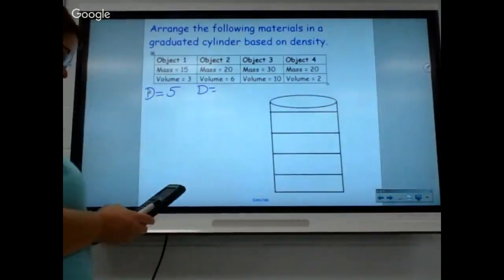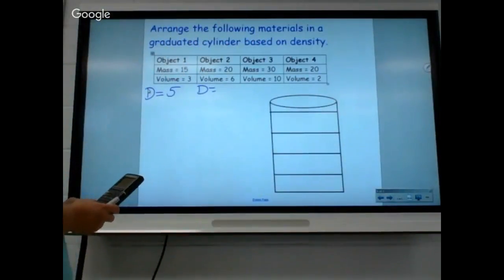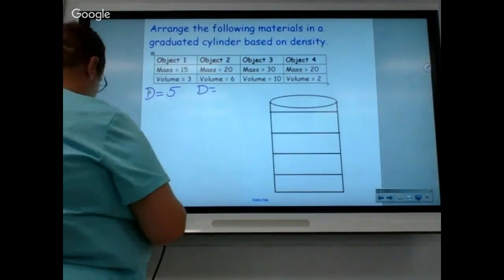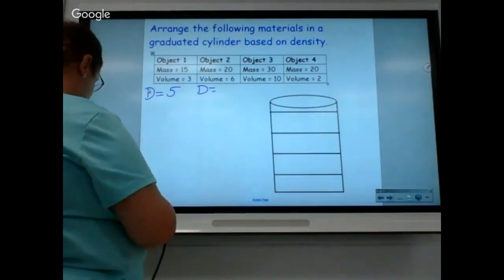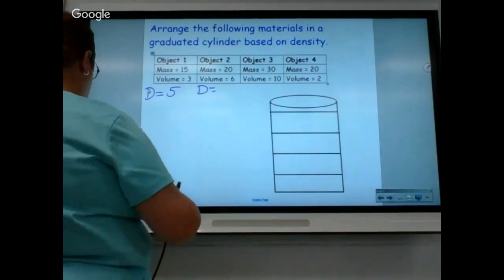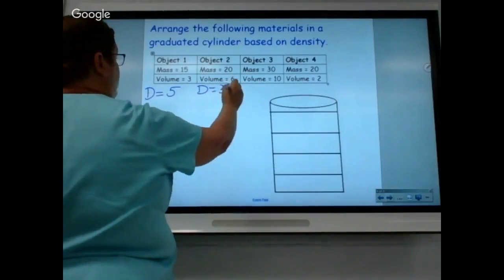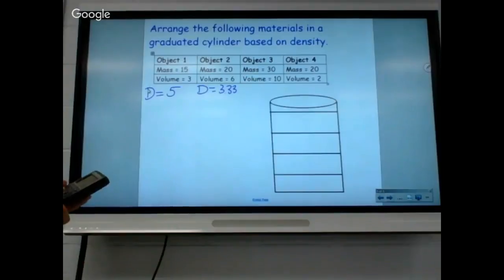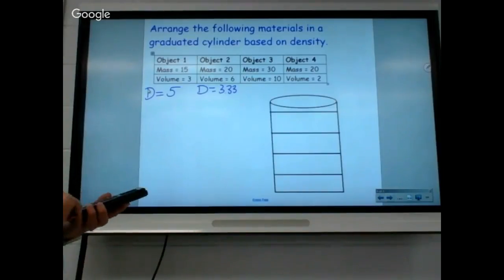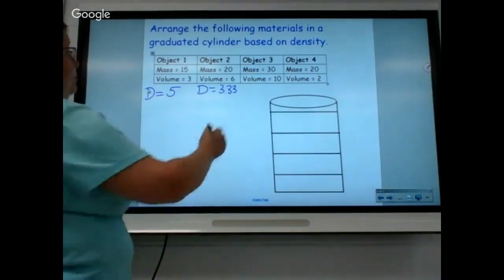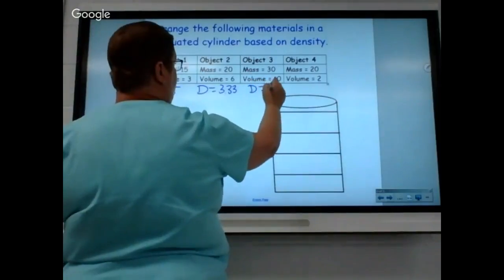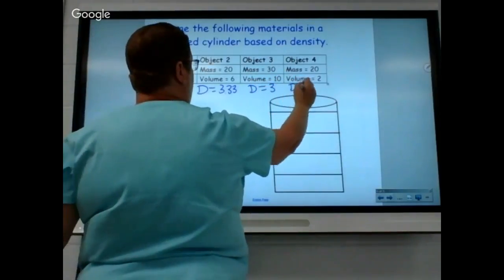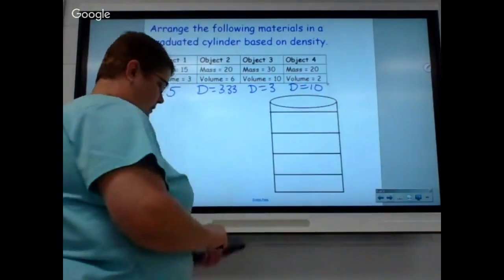Let's get the actual number in case we have another one that's close. Okay, clearly I did not punch that in right because that answer was not right. There we go. All right, and object 3. Okay, and the last one. Okay, so we've got the 4 densities.